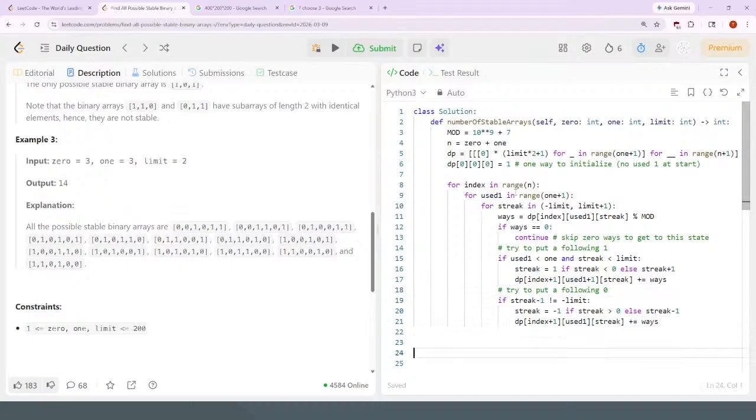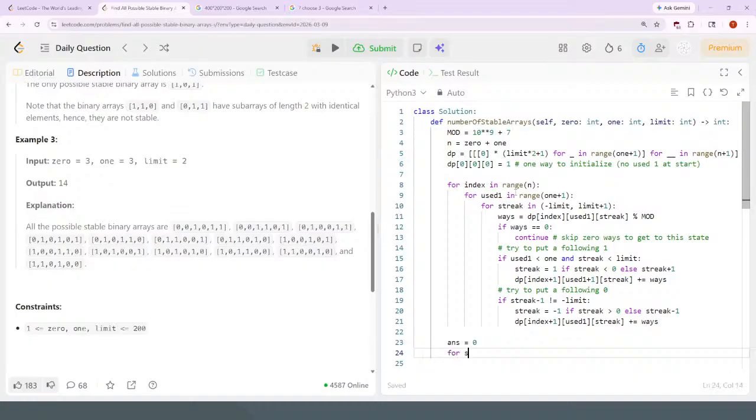And then the answer is just the last bit. So answer equals 0 for every used has to be equal to number of ones.